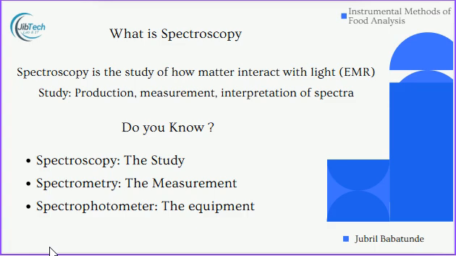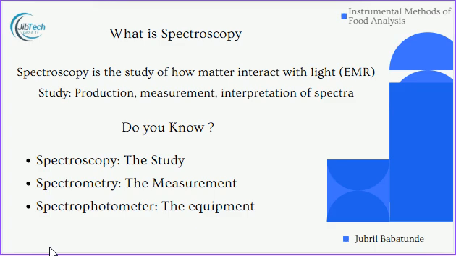Spectroscopy is just a study, like we highlighted earlier, and then spectrometry is just the measurements, the science of measurement. How do we measure the intensity of the light that goes into the matter or into the substance? That is spectrometry. And then the spectrophotometer is the equipment.